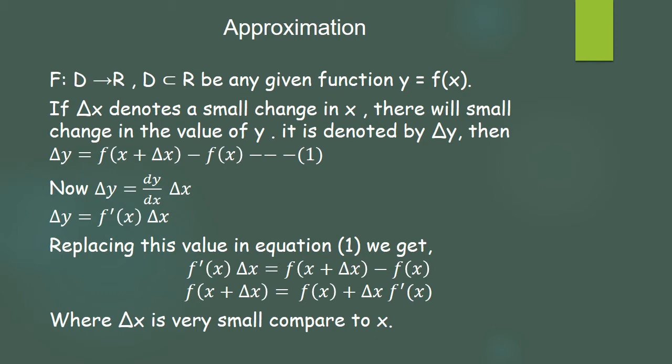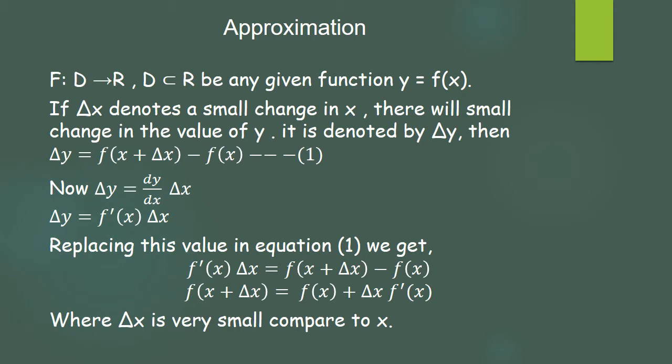So whenever we know the function and want to find the value at x plus delta x, it can be written as f of x plus delta x into f dash of x. If it is a minus sign, that means the value of delta x is negative. So we can replace that value.